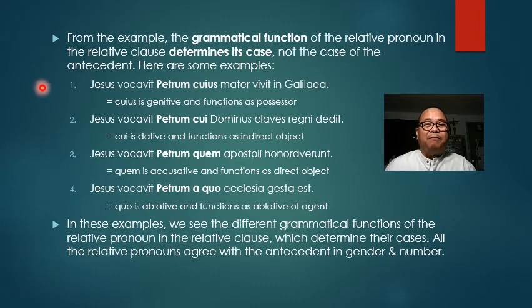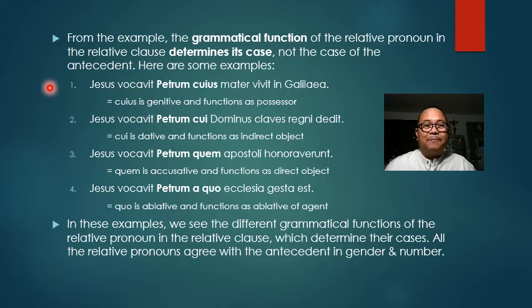So I will illustrate this with four examples. In the previous example, we showed that the relative pronoun is nominative because it is the subject of the relative clause. In these additional four sentences, you will notice that all the cases are used.